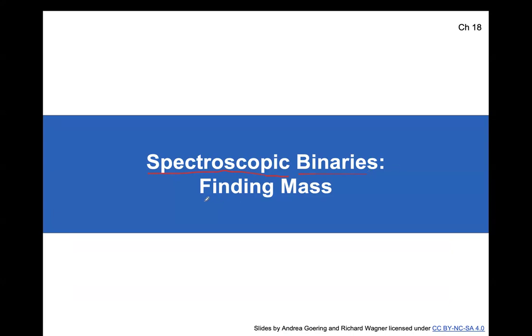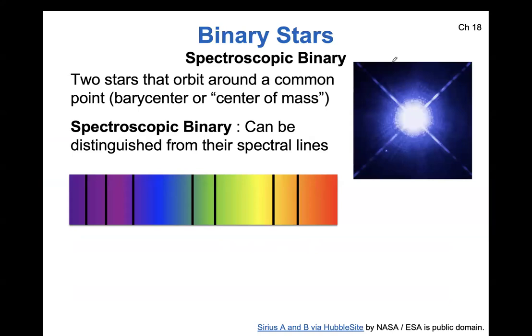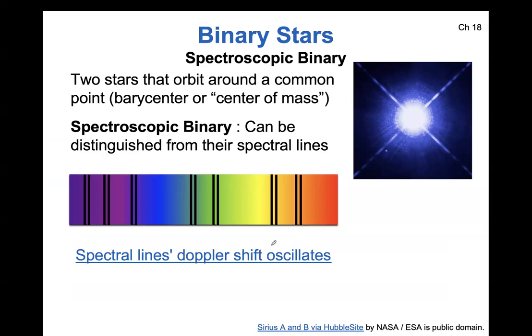I'll explain what that is, and how these types of binary star systems let astronomers find mass. So what is a spectroscopic binary? It's two stars that orbit around a common point. So that part's just a binary star system, okay? But a spectroscopic binary can be distinguished from their spectral lines using the Doppler effect.